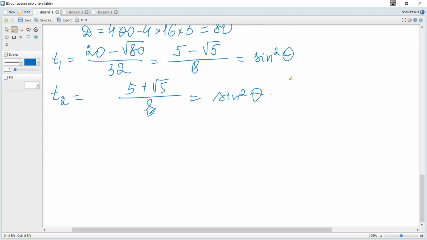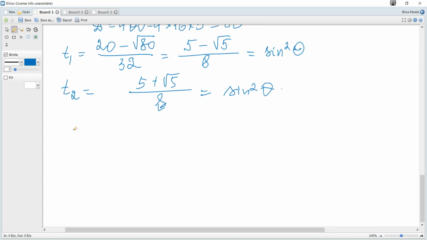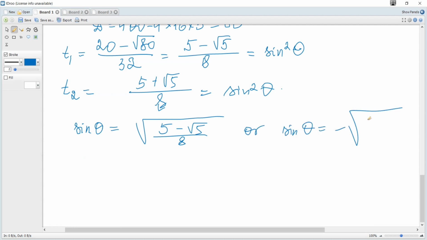And then we solve for theta, so sine theta is what? Plus minus root of 5 minus root 5 over 8, the first possible solution, or sine of theta is negative root of 5 minus root 5 over 8, or sine of theta is what?